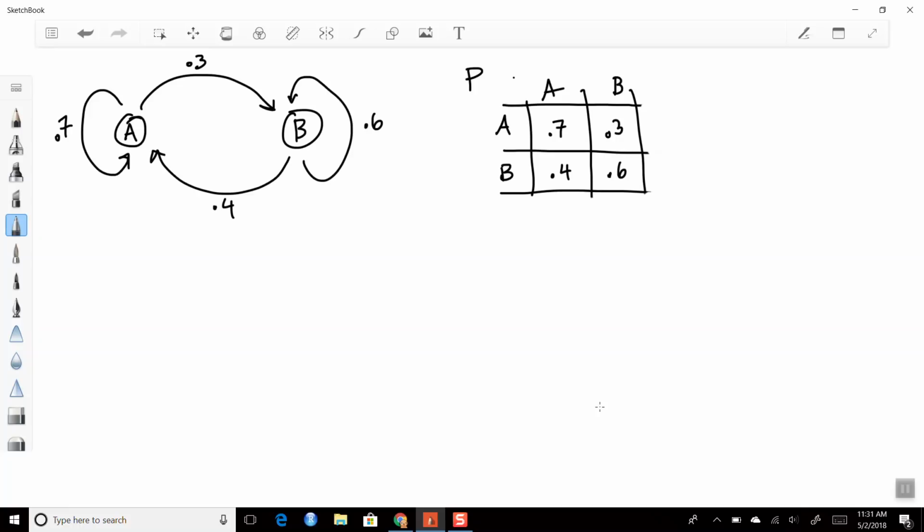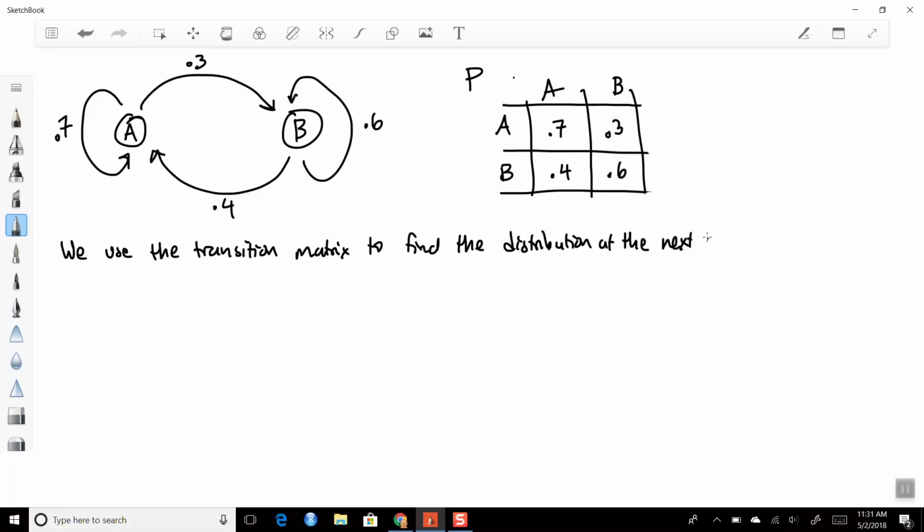Okay, so we use the transition matrix to find the distribution at the next step.